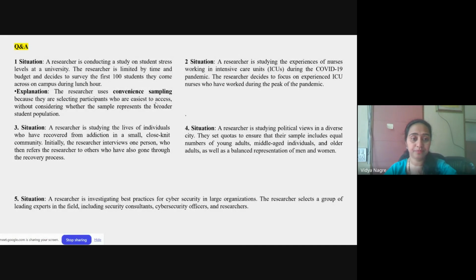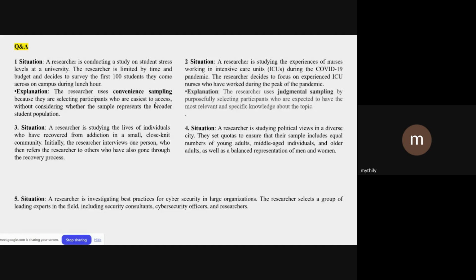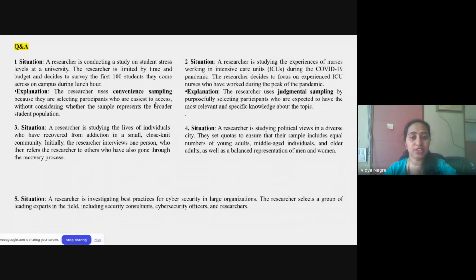Method of sampling? Judgmental sampling. Correct. Because your judgment is already done. You have to be intentional while choosing your samples, right? So here you are pre-deciding whom you will be targeting. So with a judgment or with the intention, you are choosing your sample.